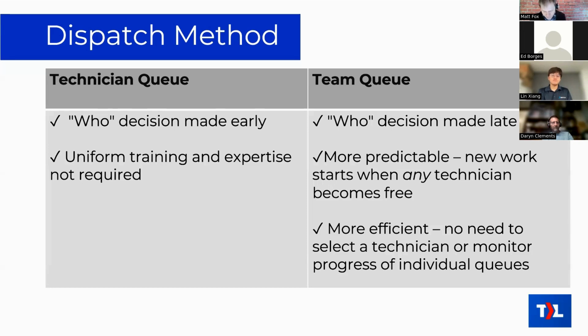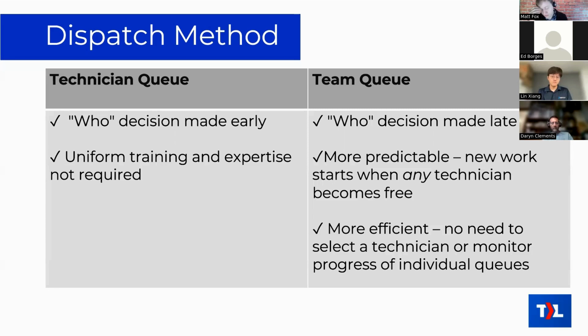So that means that if a particular technician ends up working on something that's particularly difficult, and it's taking 3 times as long as you thought, it has very little impact on the whole queue of tickets. Whereas if the technician has his own queue of tickets, then if one of those tickets ends up taking a lot longer, then the whole queue gets delayed.